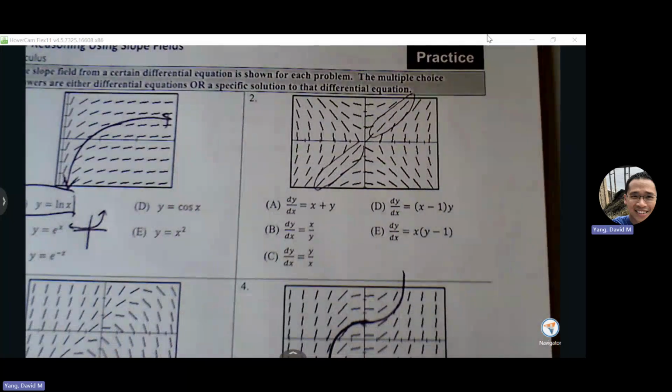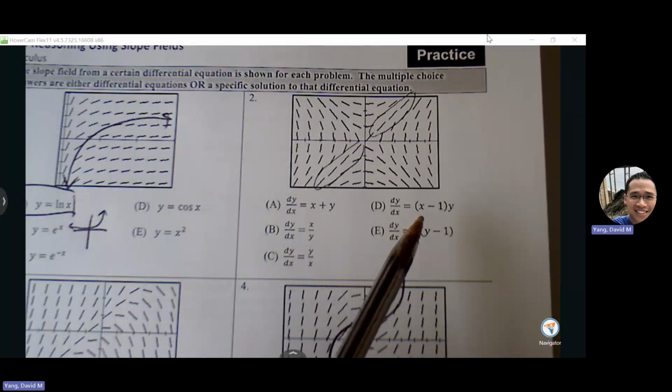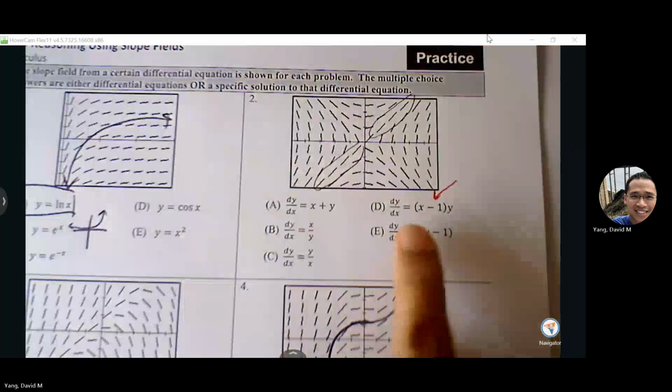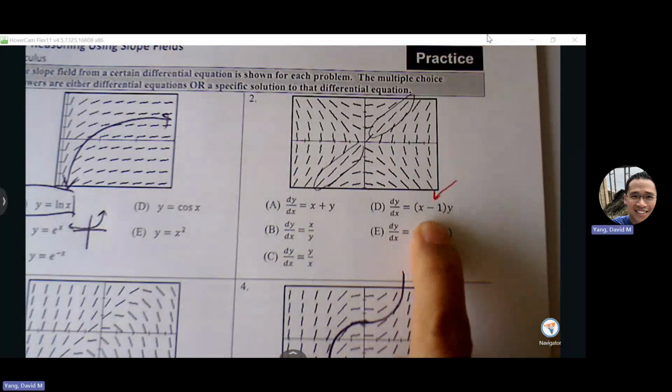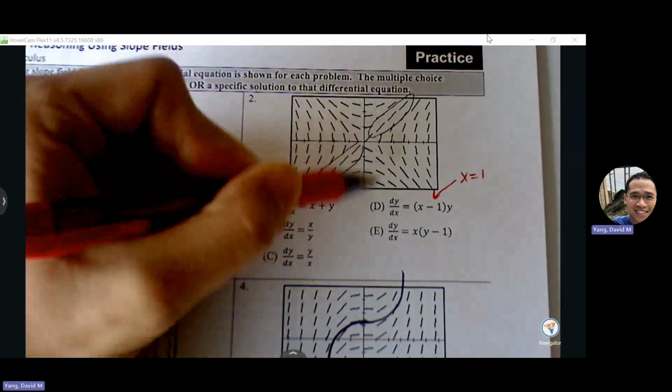Another strategy is to look at the choices and see where the choices indicate slope zeros. For instance, if I look at part D here, where does this tell us slope 0 should occur? When x is 1. So basically when x is equal to 1, over here, it should be showing me slope zeros.